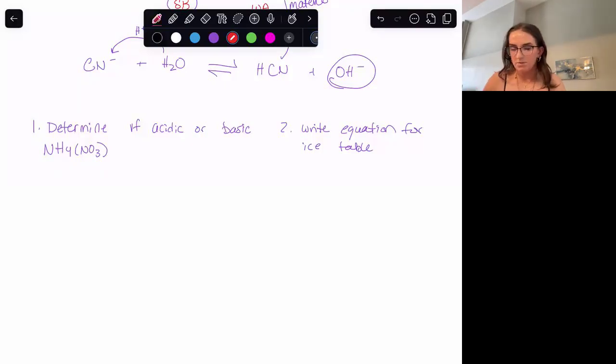Alrighty. Did we determine if NH4NO3 is acidic or basic? Any idea?